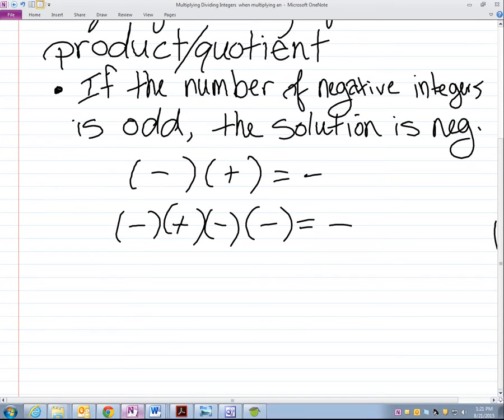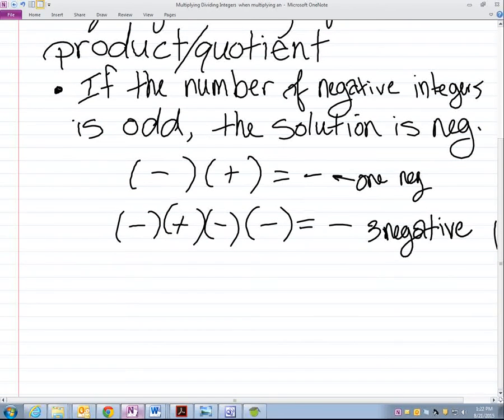On this one, there's one negative; on this one, there's three negatives. That's a lot more handy with multiplying integers. Division of integers, we're not going to get too crazy with it. And that's a good way to know right off the bat, okay, do I have this right? Is this supposed to be negative or positive?